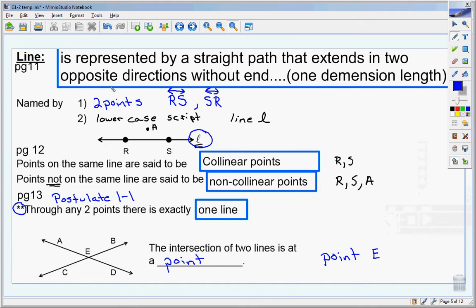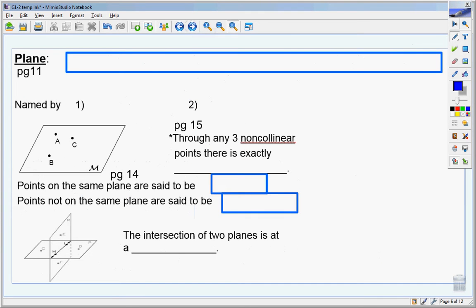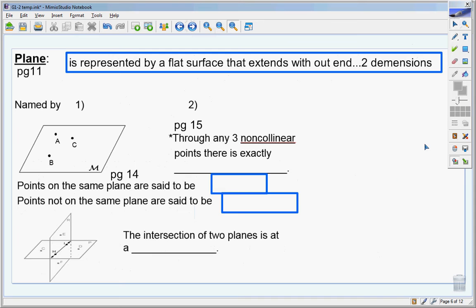So we've had 2 undefined terms so far. A point which had no dimension, a line that has 1 dimension, and the next one is a plane which has 2 dimensions. It has length and width, but it has no height.